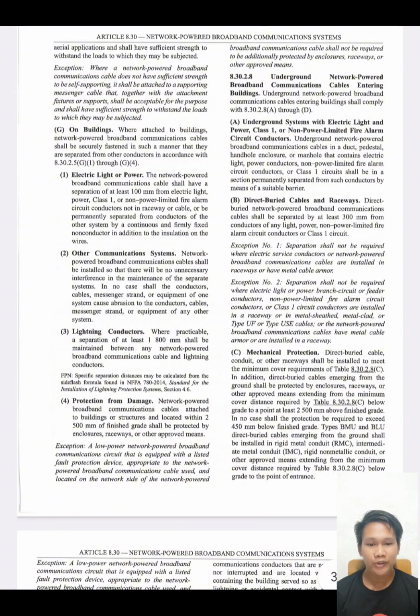Next, we have 8.30.2.8, underground network-powered broadband communication cables entering buildings. Underground network-powered broadband communication cables entering buildings shall comply with 8.30.2.8 A through D. So first, we have A, underground system with electric light and power, Class 1 or non-power limited fire alarm circuits conductors.